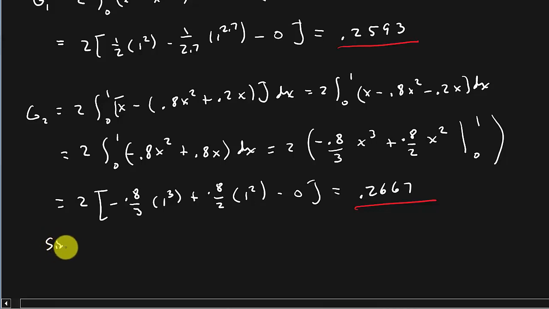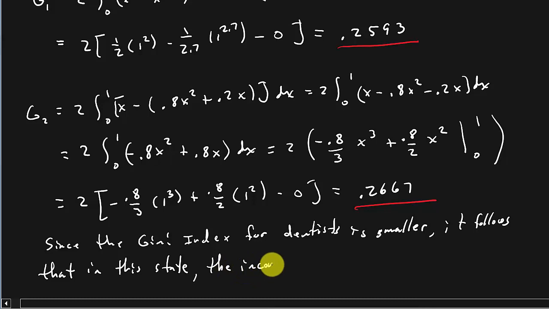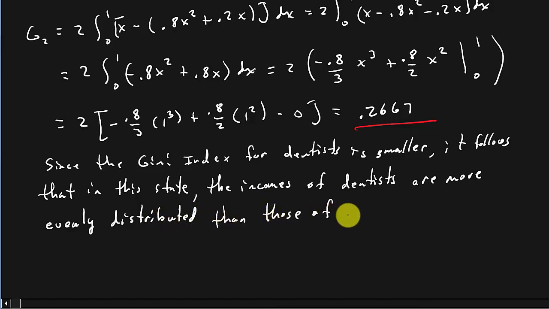Since the Gini index for dentists is smaller, it follows that in this state, whatever state they're in, the incomes of dentists are more evenly distributed than those of contractors.